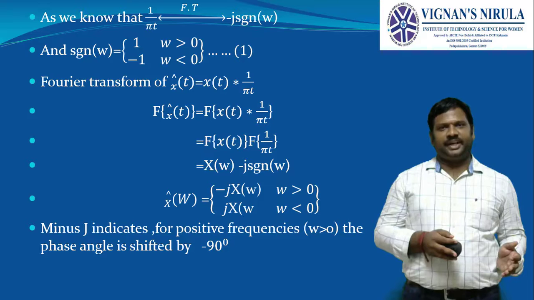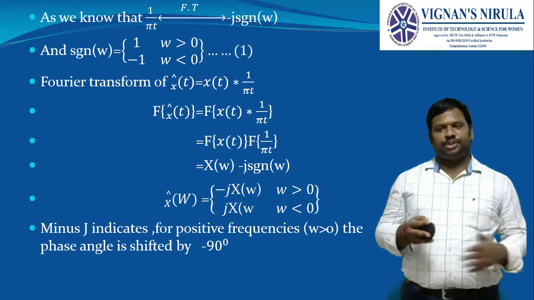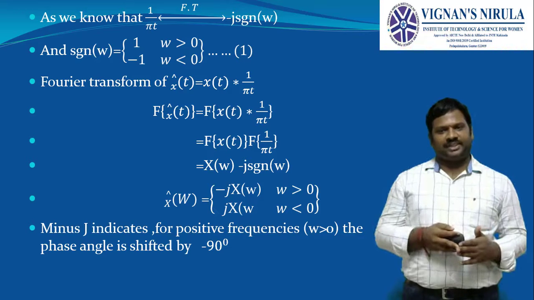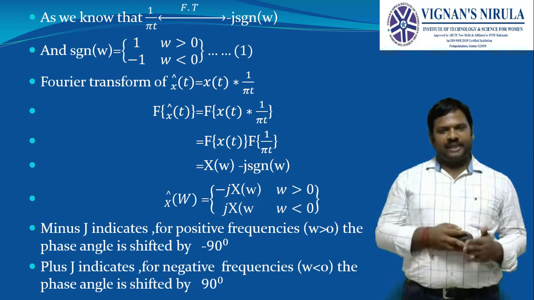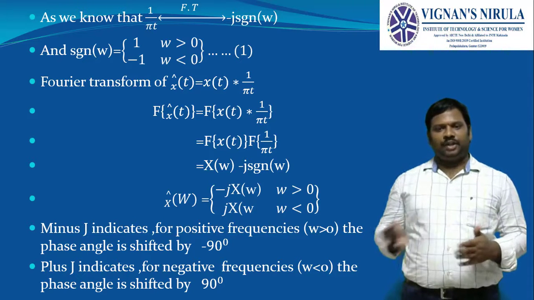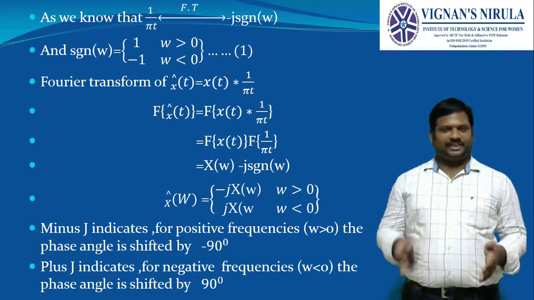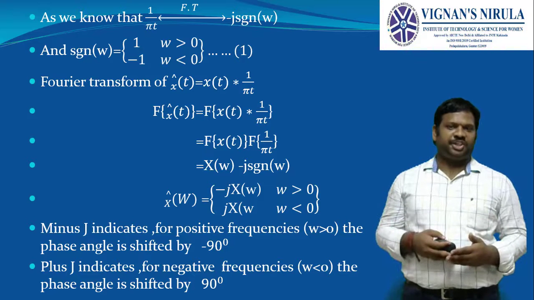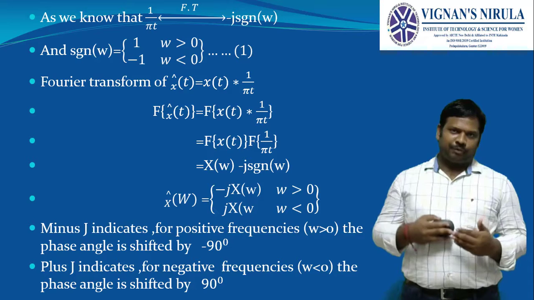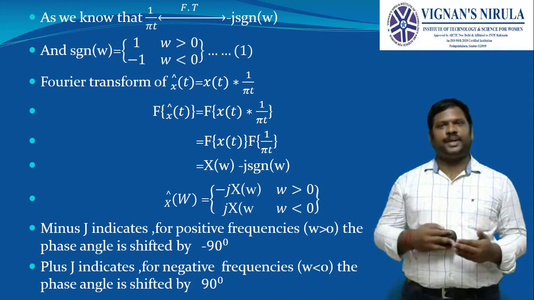This minus j indicates that for all the positive frequencies, that is for omega greater than 0, the phase angle is shifted by minus 90 degrees, and the plus j indicates that for all the negative frequencies, that is omega less than 0, the phase angle is shifted by plus 90 degrees. From these two statements, it indicates that x cap of t is the Hilbert transform of the corresponding x of t.